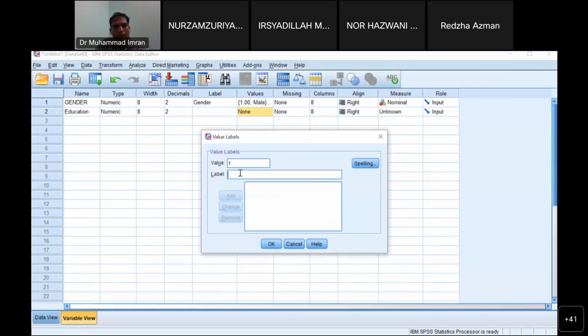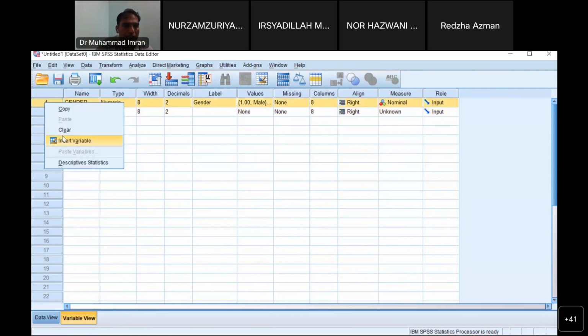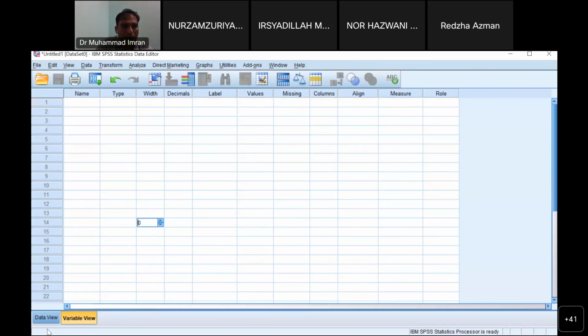First one, for diploma, just write diploma. Now this is manual, you have to enter it manually, but I'm also going to tell you another easy method. Delete, clear, very simple, it's better.